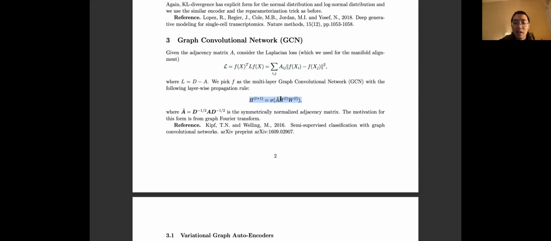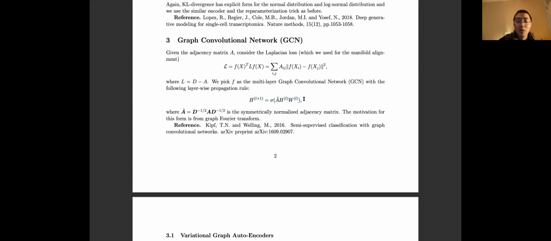Suppose H_l, l from 0 to capital L, and H_0 will be x_i, and tilde A is a symmetric normalized adjacency matrix, and W_l will be the weight matrix here, and sigma is the nonlinear function for the neural network.